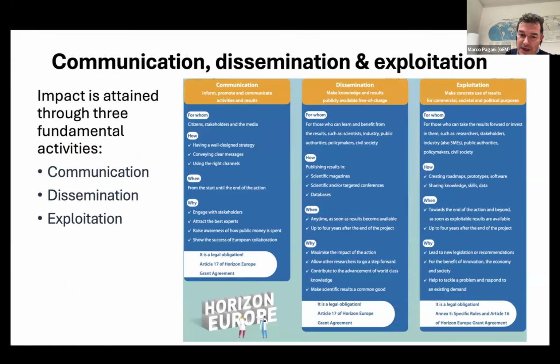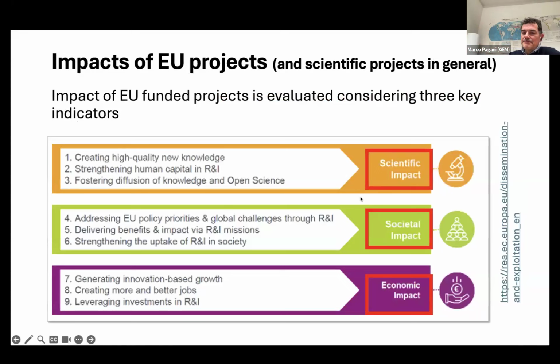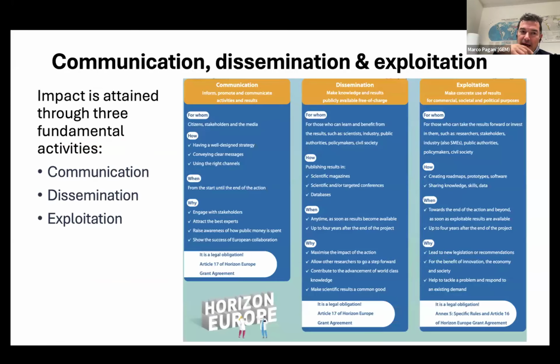And so every area here, in order to, let's say, maximize the impact, requires a way to communicate and distribute those results. And this is where it comes the part related with communication, dissemination, and exploitation.